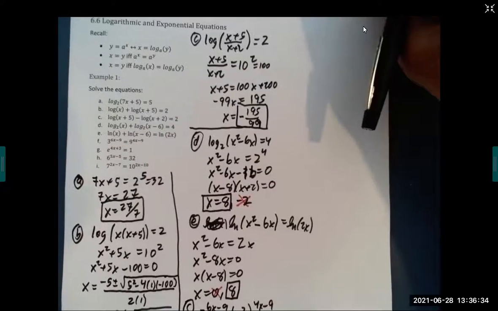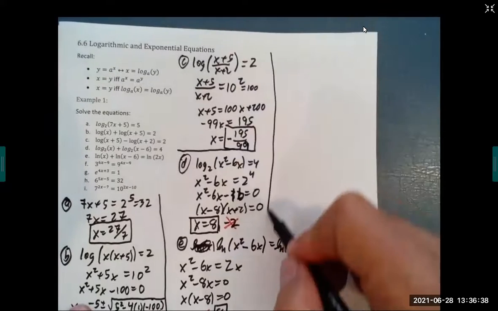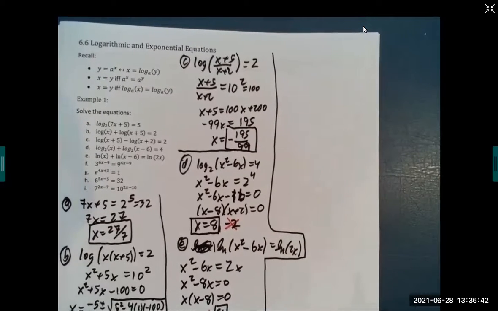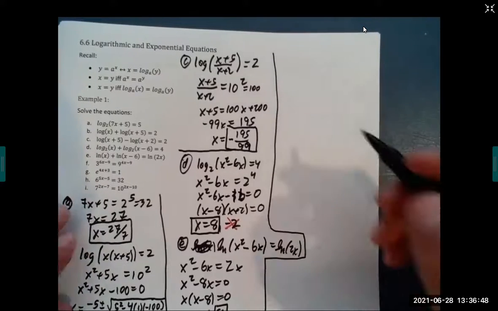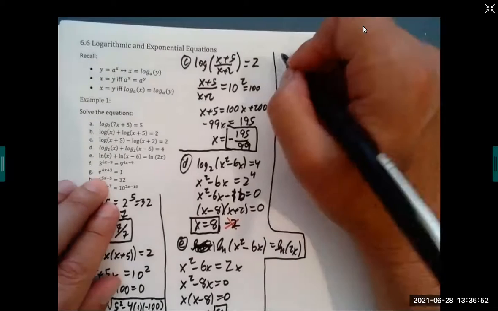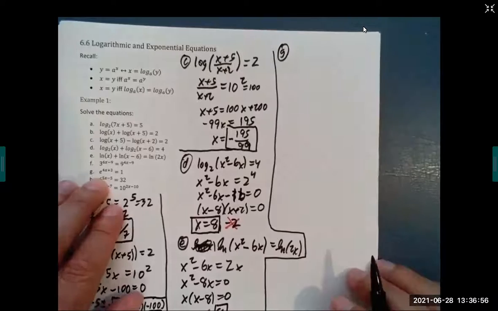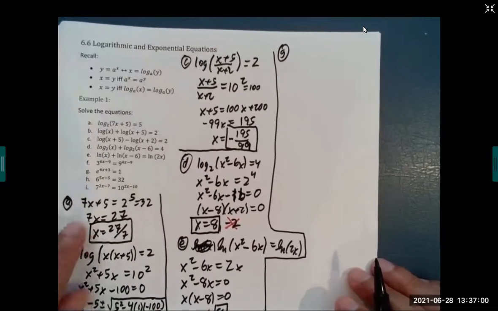All right. Last bunch. Let's see if we can squeeze the last ones in here. So we did F, we are to G. So I'm actually going to convert this from exponential form into logarithmic form, and I'm going to choose the natural log.